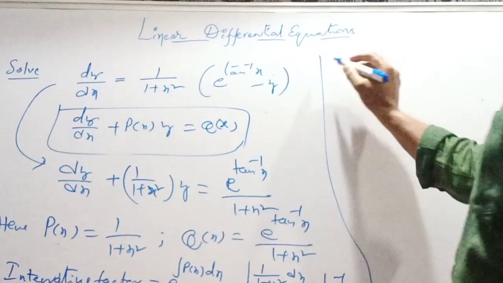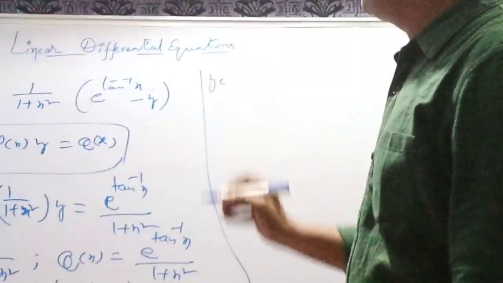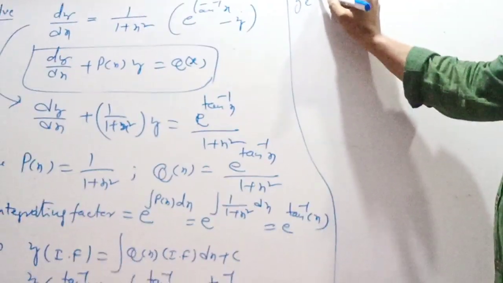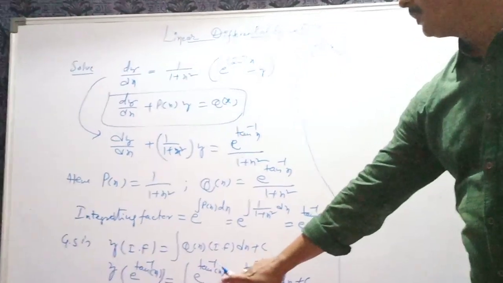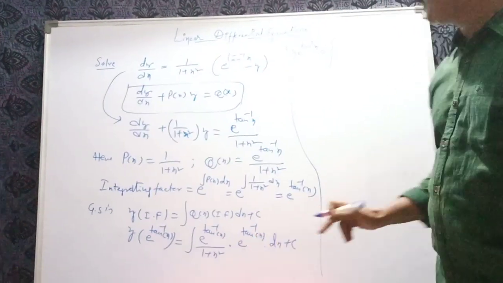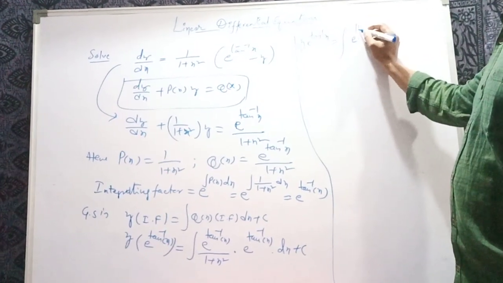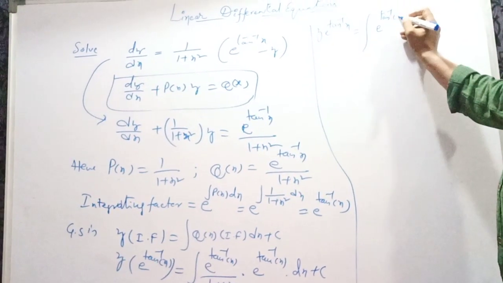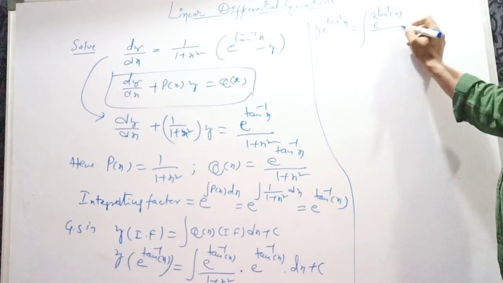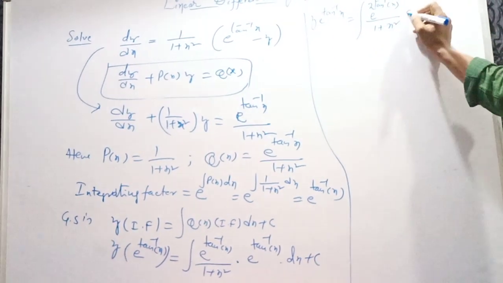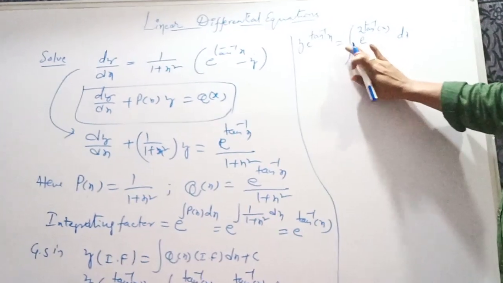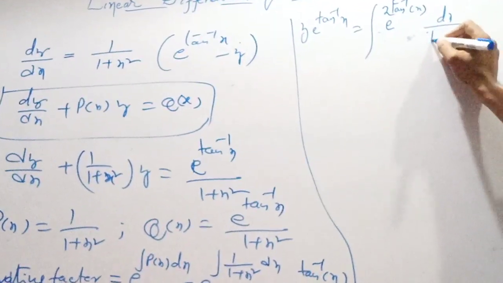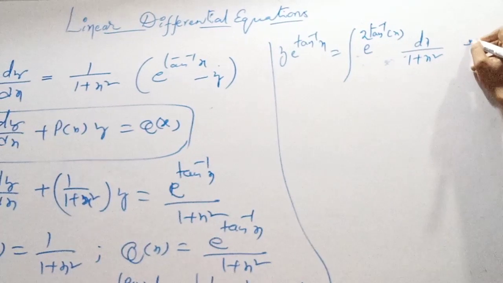Again, y·e^(tan⁻¹x) equals the integral of e^(2tan⁻¹x)/(1+x²) dx plus constant.